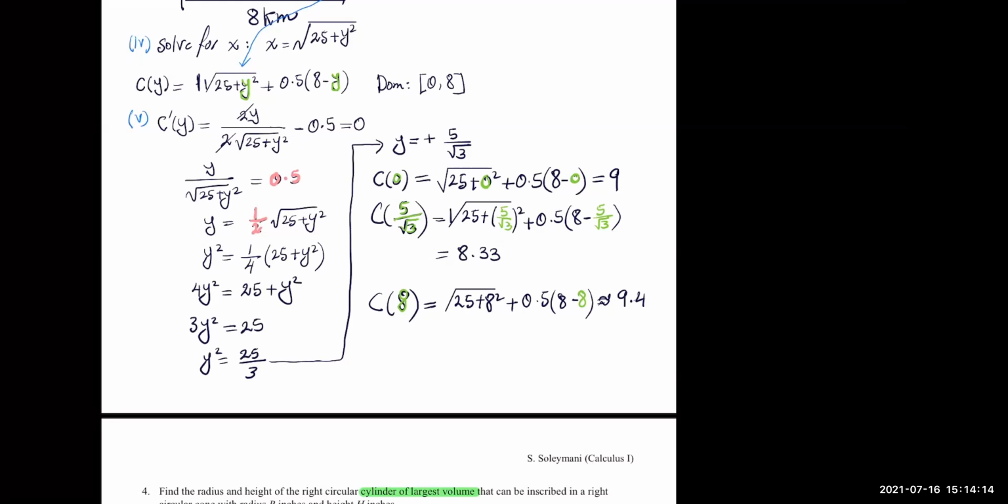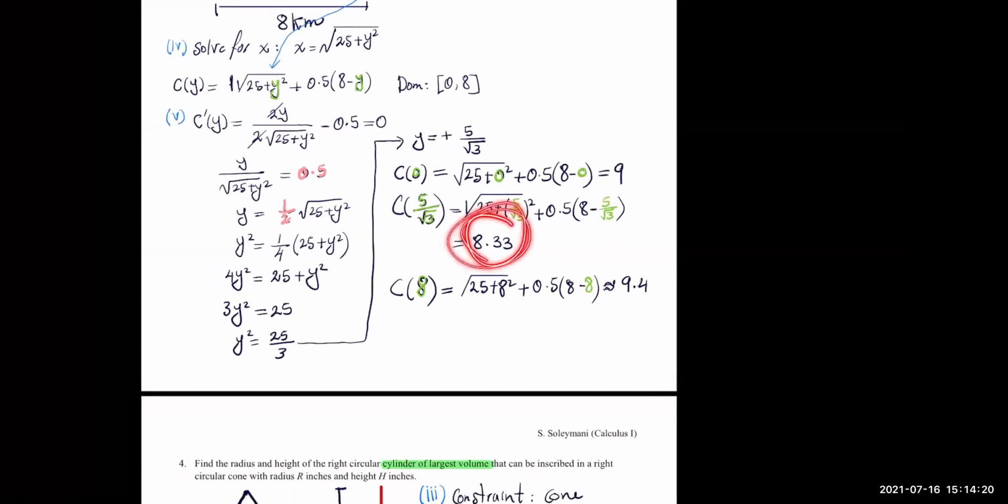You know your cost at those endpoints and at this critical point. So obviously this is smallest, and that's what we want. So you want to go with this option.